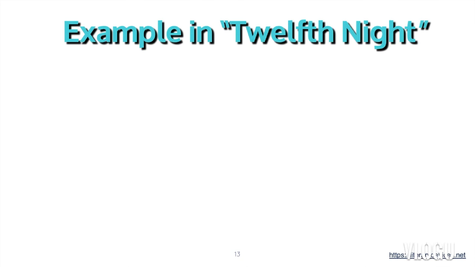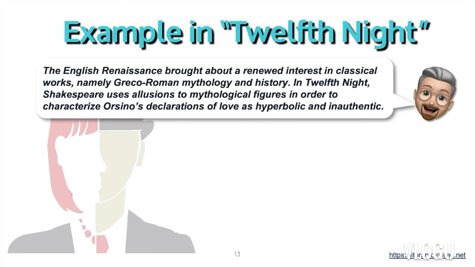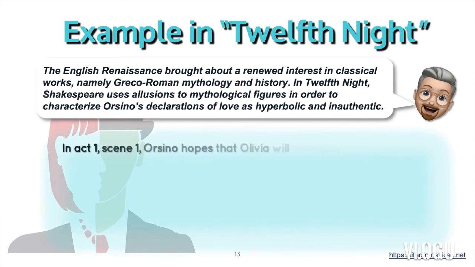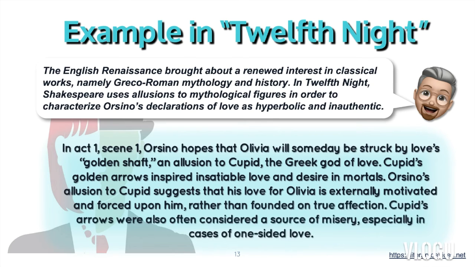Let's look at an example in Twelfth Night. The English Renaissance brought about a renewed interest in classical works, namely Greco-Roman mythology and history. In Twelfth Night, Shakespeare uses allusions to mythological figures in order to characterize Orsino's declaration of love as hyperbolic and inauthentic. In Act 1, Scene 1, Orsino hopes that Olivia will someday be struck by love's golden shaft, an allusion to Cupid, the Greek god of love.